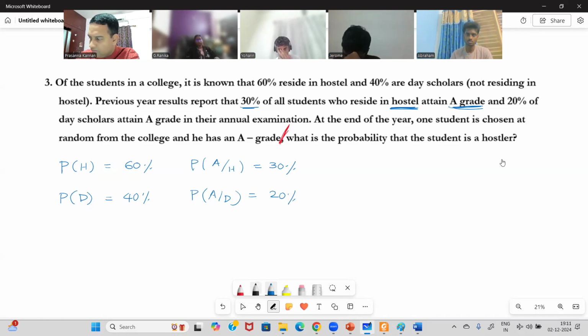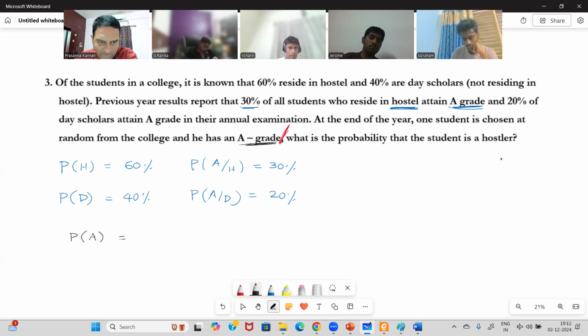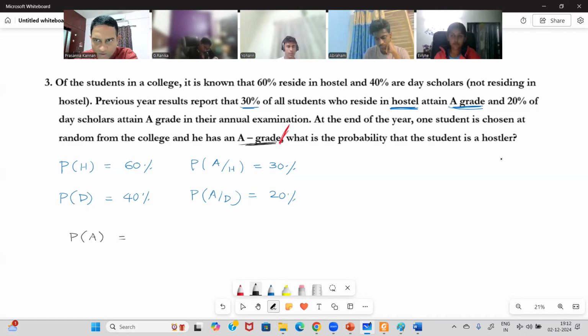Okay. Fine now. You're selecting a student at random in the college and he gets an A grade. So what are the possibilities, Johan, and how do you write it? How many possibilities are there? 2 possibilities. Yes, he could be a hostler or day scholar. Correct. So how do you write? Can you give me the formula?